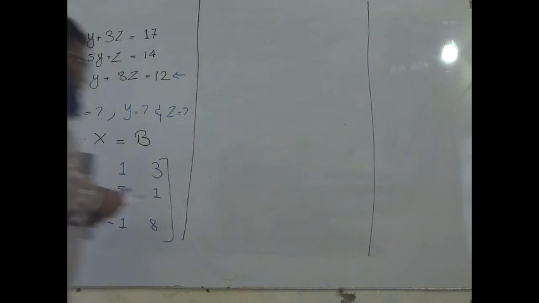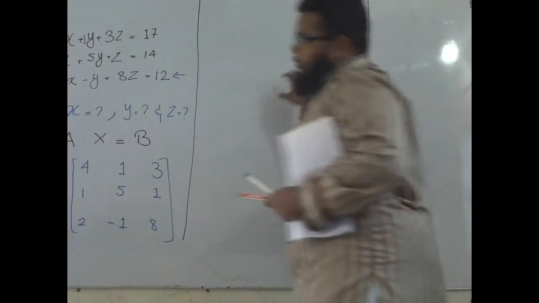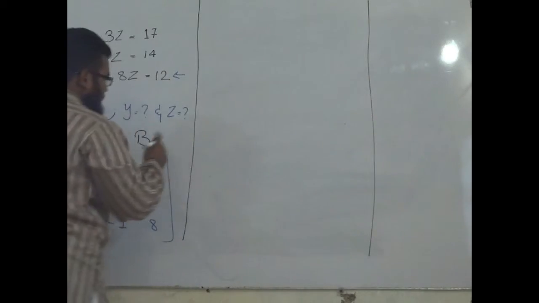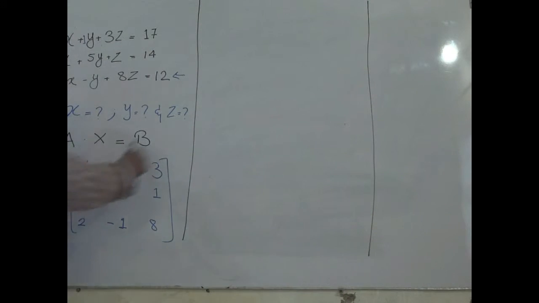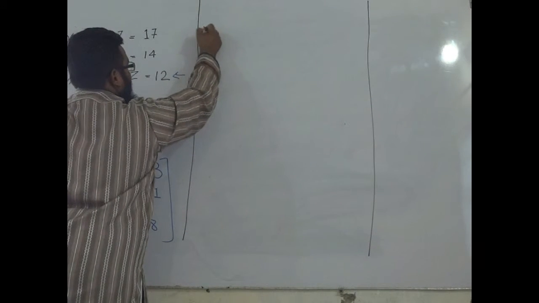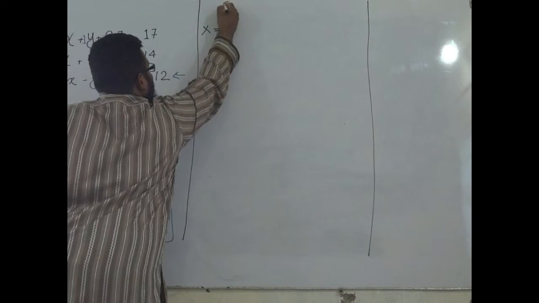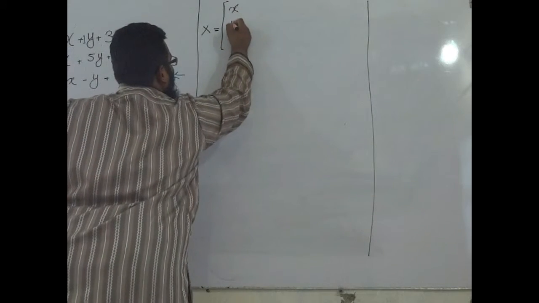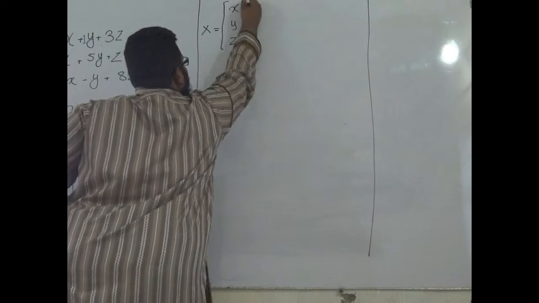Now here I will solve for the x. In x, you got it? Now x is equal to the unknown variables, which are x, y and z.